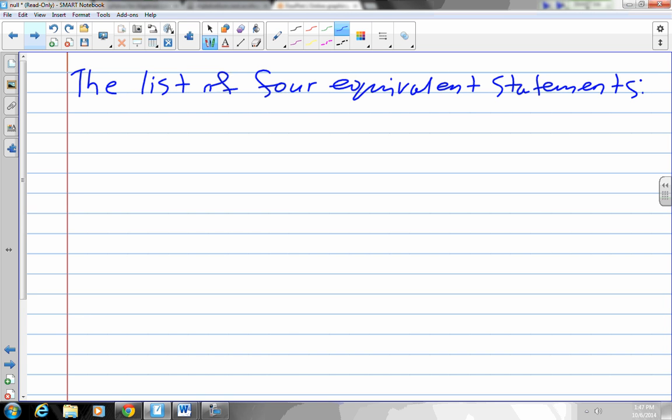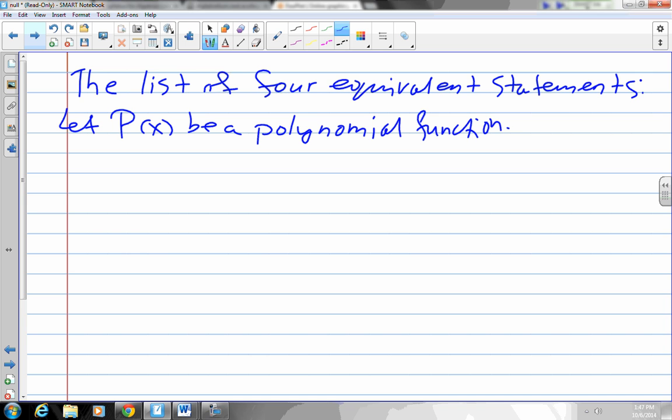Some of them might look weird, but let p of x be a polynomial function. Then the following 4 statements are equivalent. Here's the first statement. x equals a is a 0 of p of x.